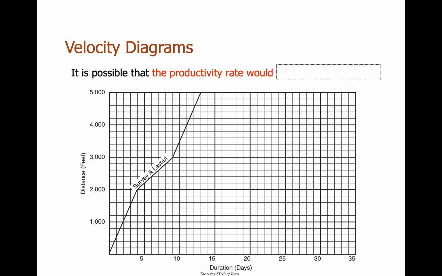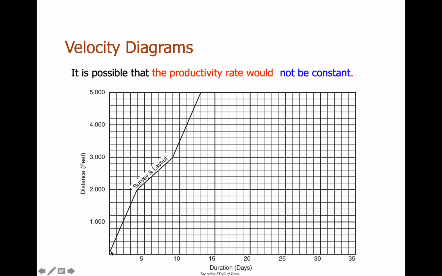It is possible for these types of schedules to have a kink in their line that would mean that their production rate would not be constant, obviously. In the example, we're not going to have that, but it's good to know that that's a possibility. Survey and layout or any of these other activities could have a kink. The production rate could slow down, but it could also go faster for some reason. There could actually be instances in real life where this could happen. For survey and layout, there could be trees or grub or fencing lines or things in the way that are just slowing down your production rate.